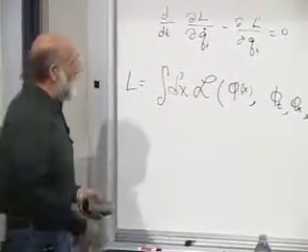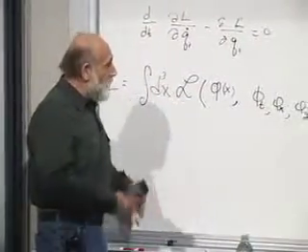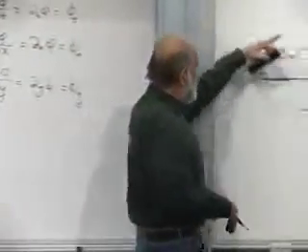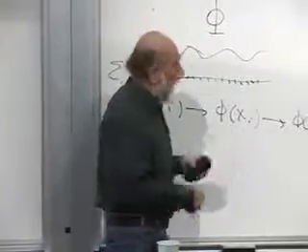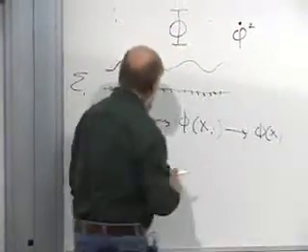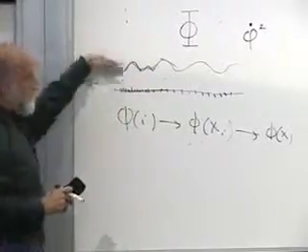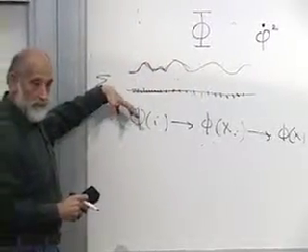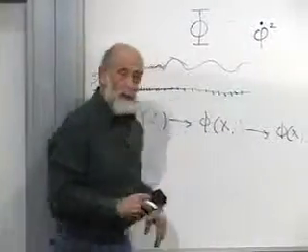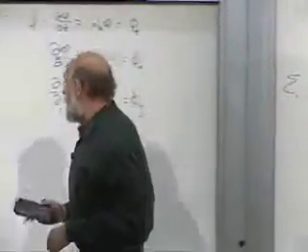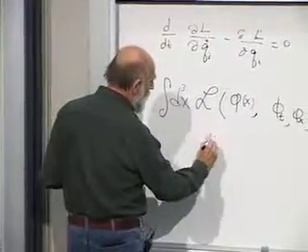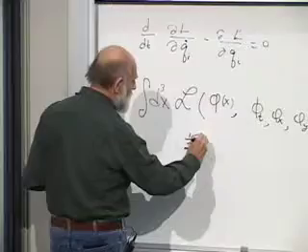All right, now first of all, what is kinetic energy and what is potential energy? In the example we worked out here, the Lagrangian had, for example, phi dot squared in it. That was simply the kinetic energy of every point oscillating up and down. So typically, in a Lagrangian like this, there will be a term 1/2 phi dot squared.